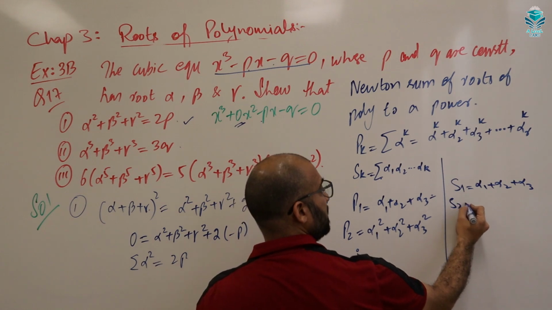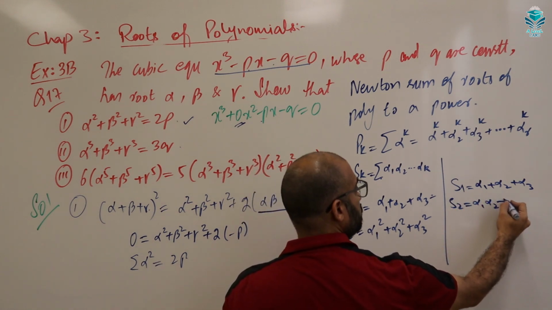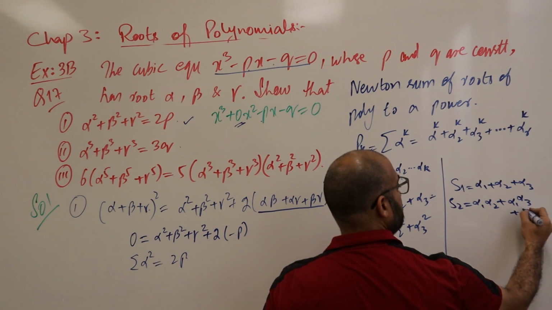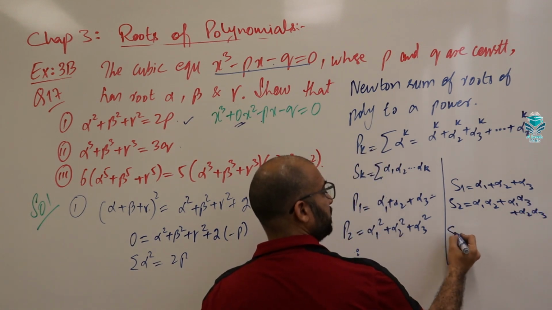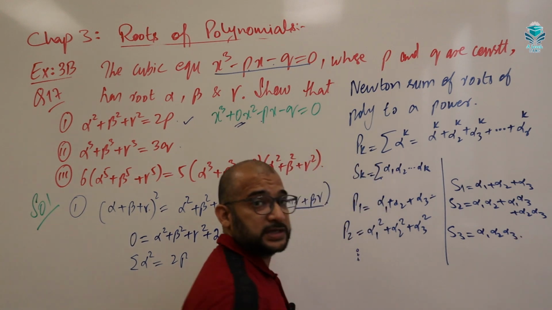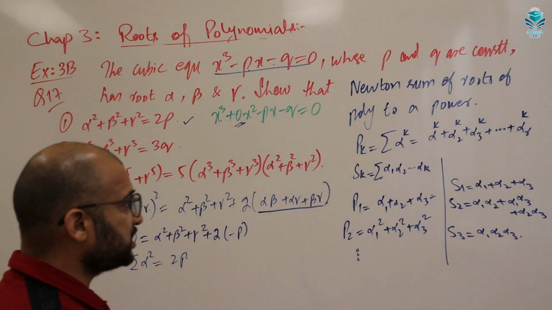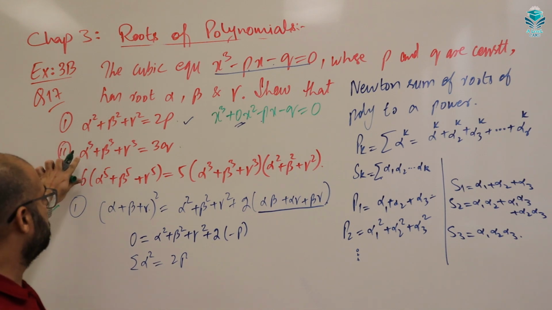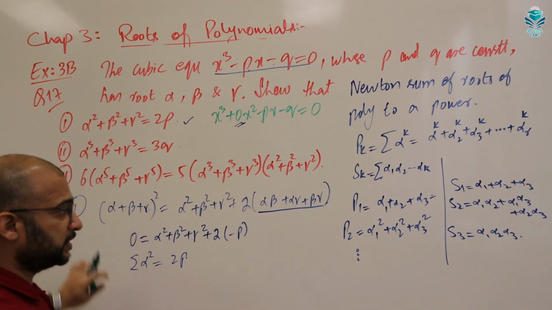S2 means the sum of products of two roots. And similarly S3 means the product of all three roots. Understand? So students, this is the way that we will use to find the sum of power cube, sum of power 5 and something like that.